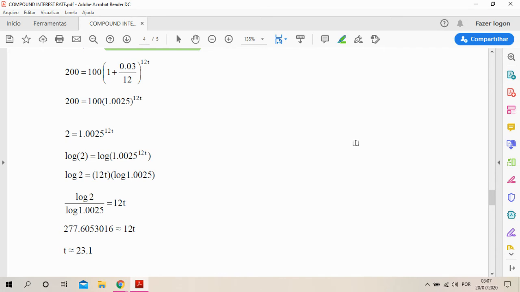200 is going to be equal to 100 times (1 plus 0.03 divided by 12) raised to the power of 12 times t. 200 is equal to 100 times 1.0025 raised to the power of 12 times t.